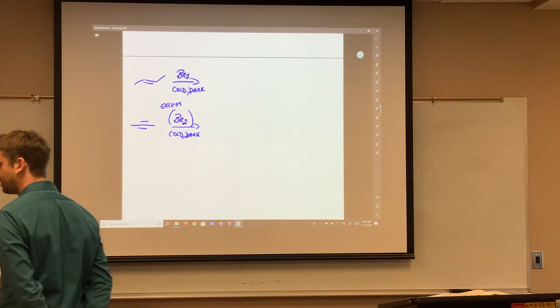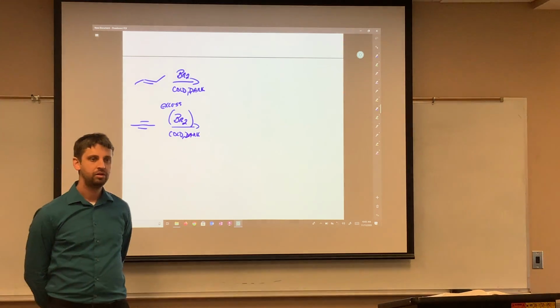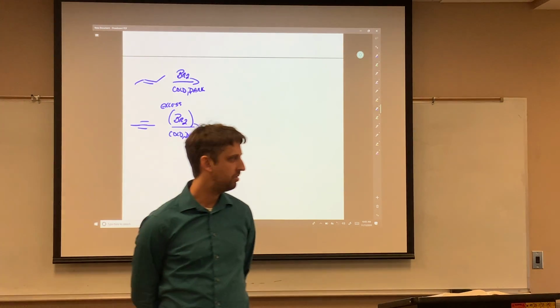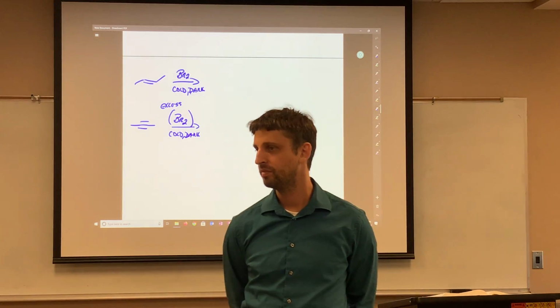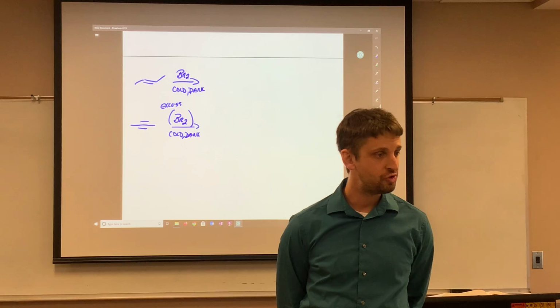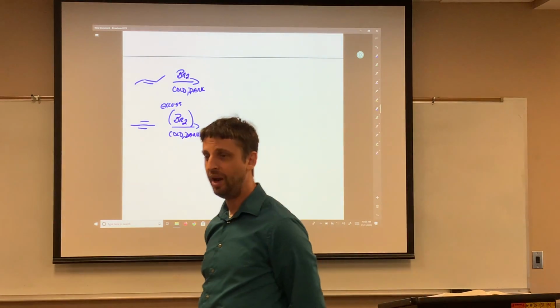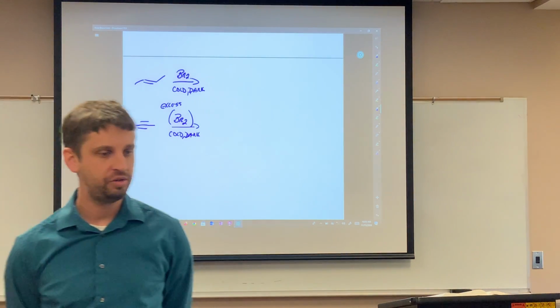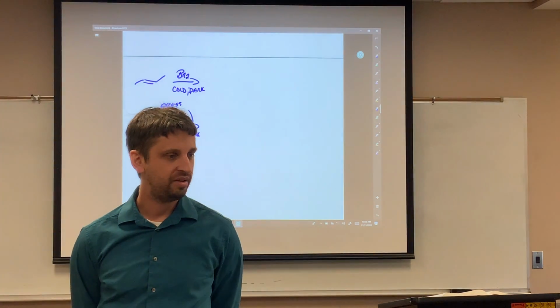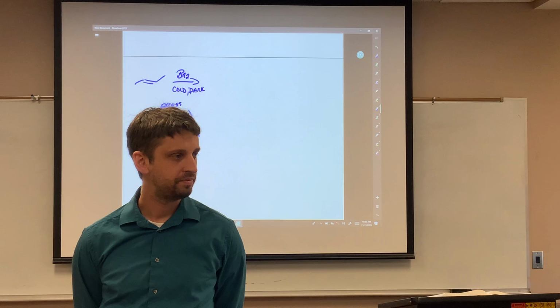Br2, keep it cold and dark. What reaction are we doing? Addition. It's an addition, specifically our halogenation, right? Adding Br2 or Cl2 or in some cases I2, right?